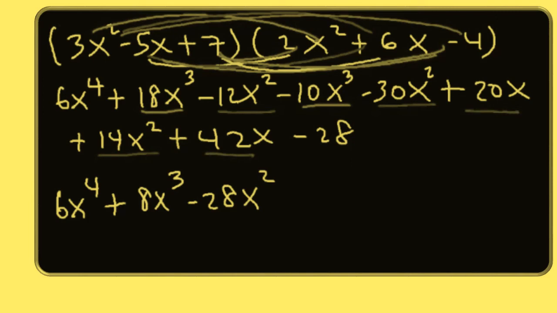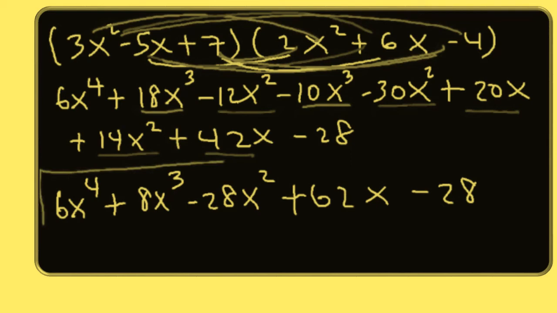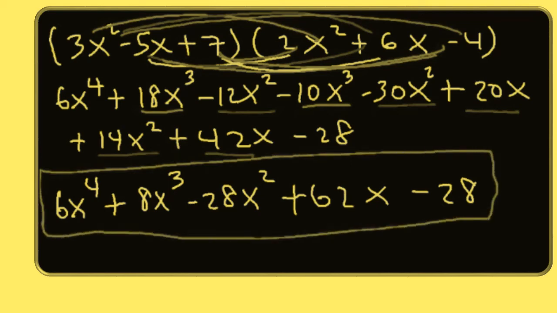Now we have these two x terms: 42 plus 20 is 62, and then the last term. So this is 6x to the 4th plus 8x cubed minus 28x squared plus 62x minus 28.